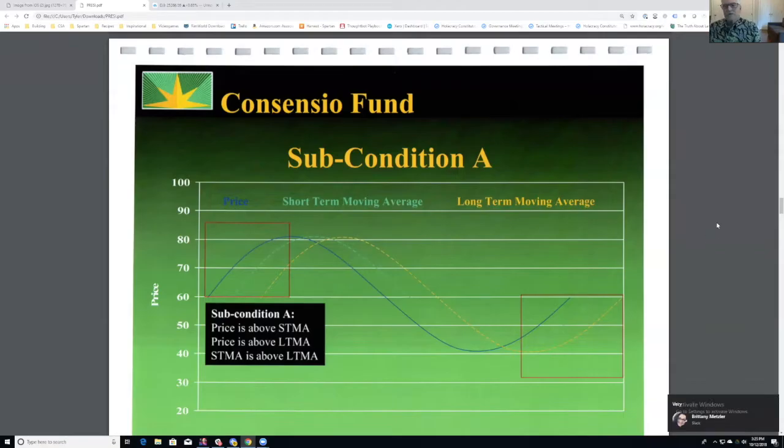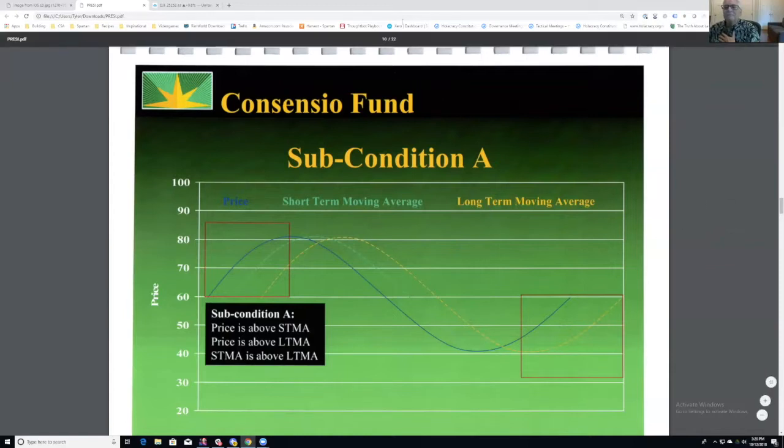You've seen this chart before, and this is the beginning of what we want to talk about today, which is what is a moving average and how does it work and what does Consensio mean? And what I'd like to do is have you mentally begin picturing some things.